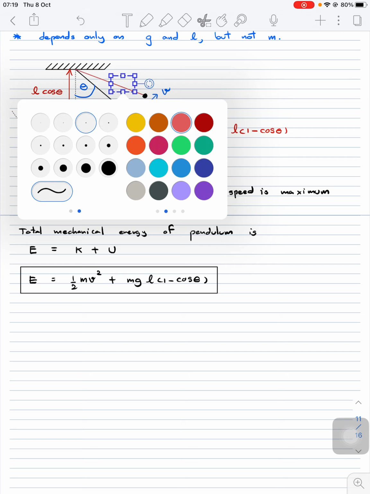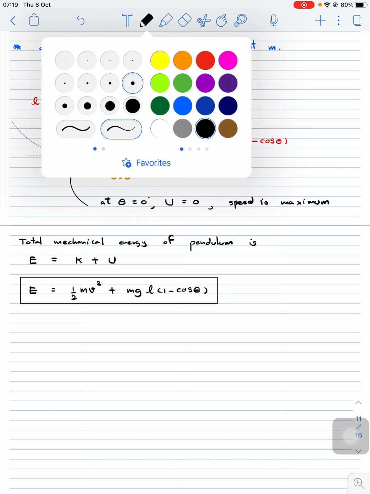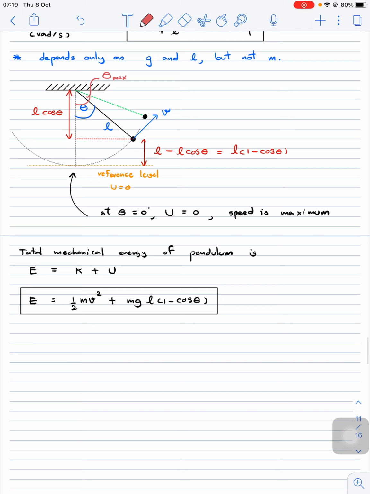So we say that this angle is the maximum angular displacement.